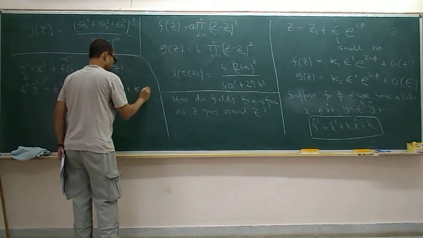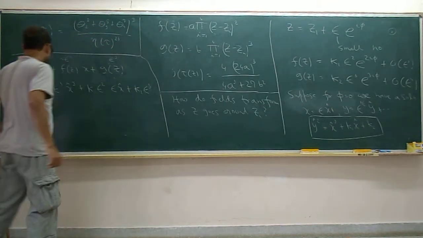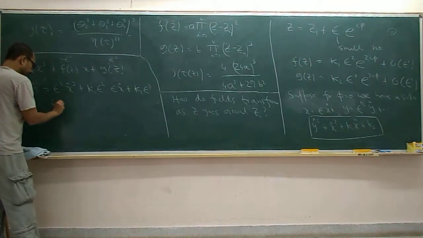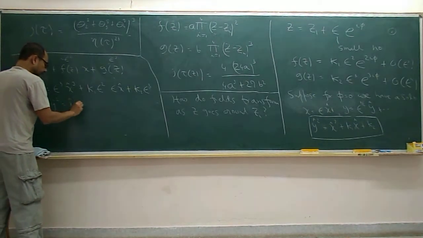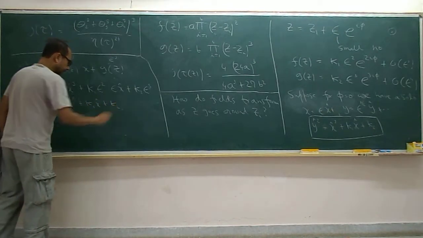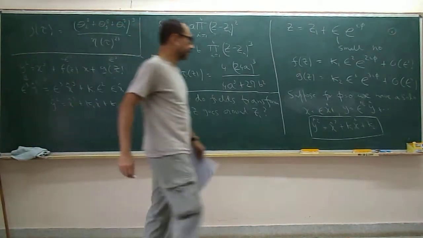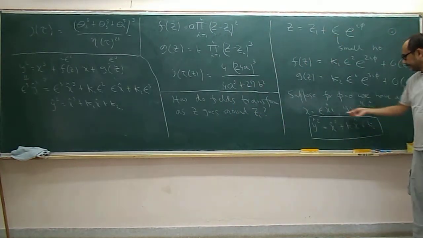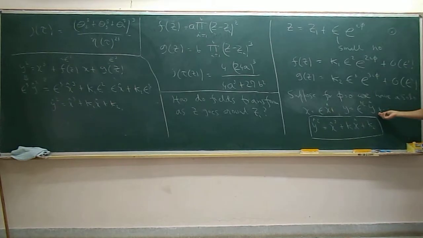So epsilon cube cancels from both sides and you get y hat square equal to x hat cube plus Q1 x hat plus K2. Okay, that's what I said. So as long as this equation holds, this solves the equation that you want, for phi equal to 0.